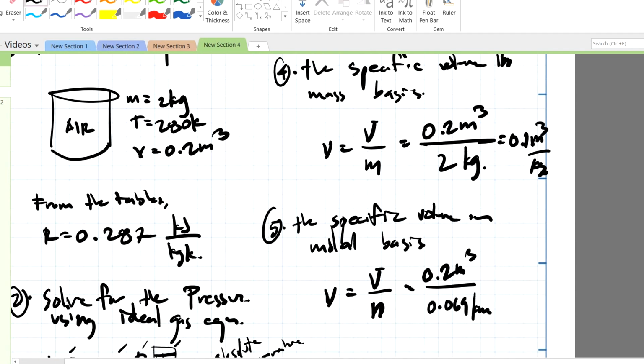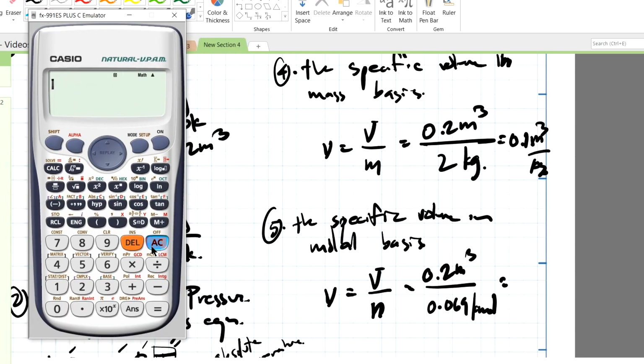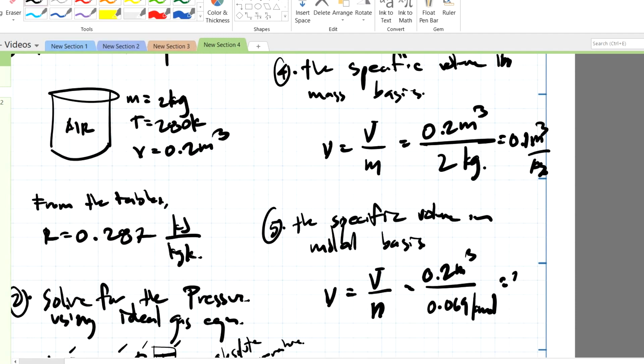0.069 k mole, and the value here is 0.2 divided by 0.069, let's say 2.89. So 2.89 cubic meter per k mole.